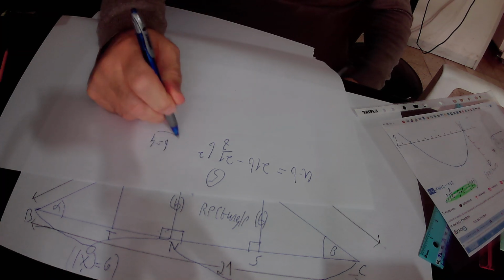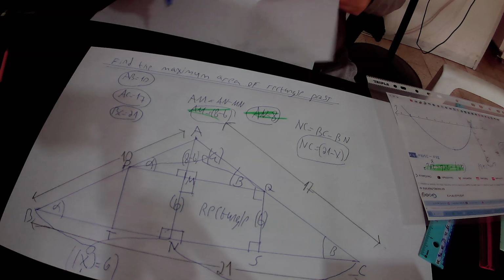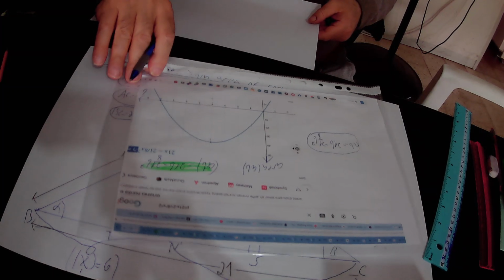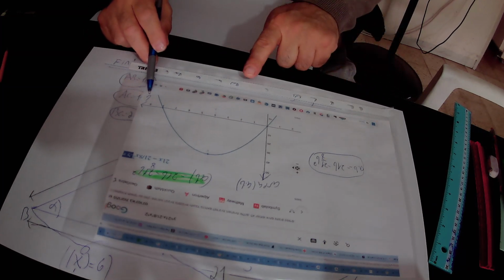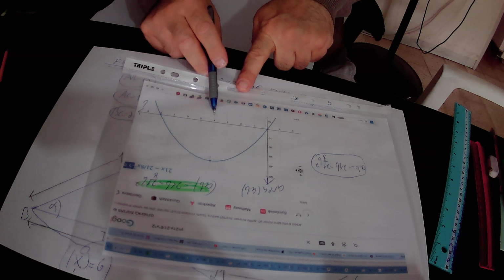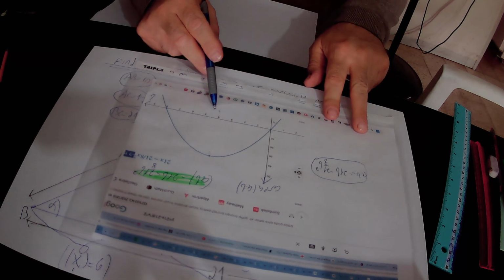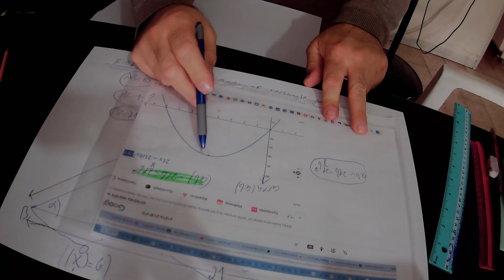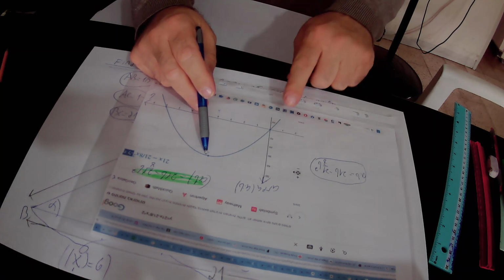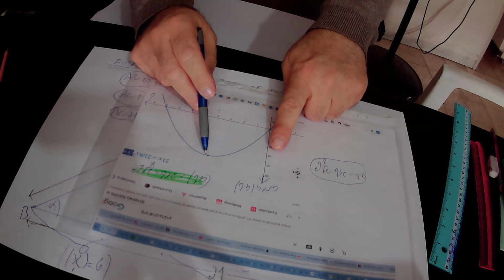I repeat again, when the width B, you can see in the graph that when the width B equals 4 units in its length, then the area is at its maximum value. It is actually above 40 square units.